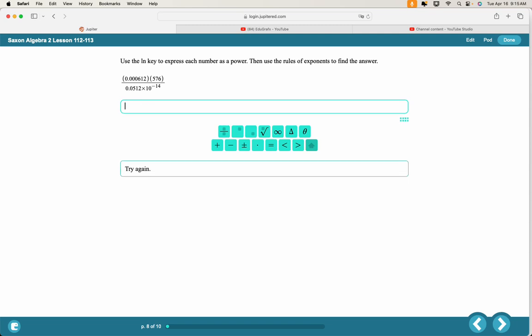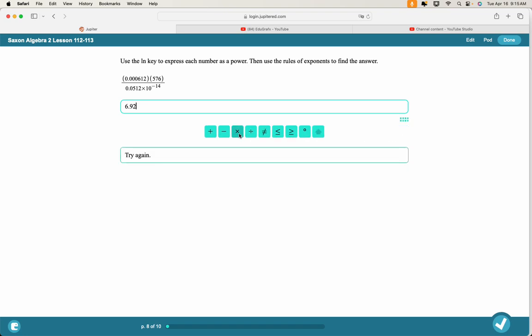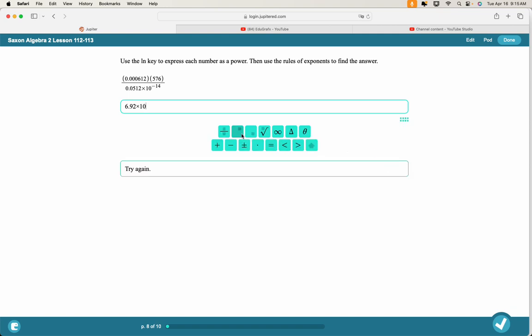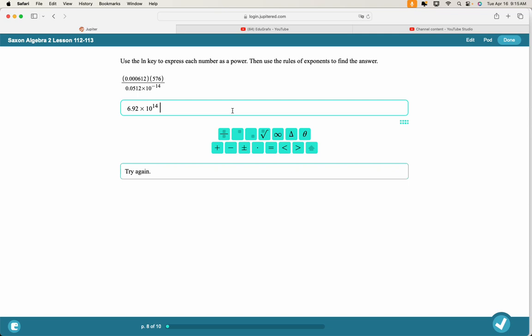No. So let's do the other, 6.92 times 10 to the 14. It didn't like that one either. That's what I have, 6.92 times 10 to the 14. So apparently I must have typed it in wrong somehow. We'll see what I did. I don't know how else I could put that in there.